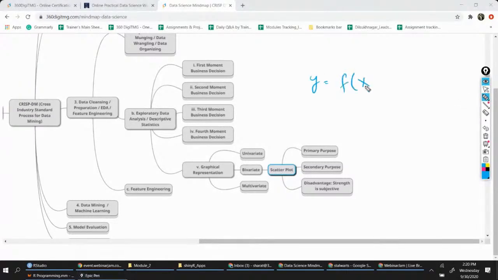Y equals f of x is the base equation, which basically says try and find out the relationship mathematically between x and y.